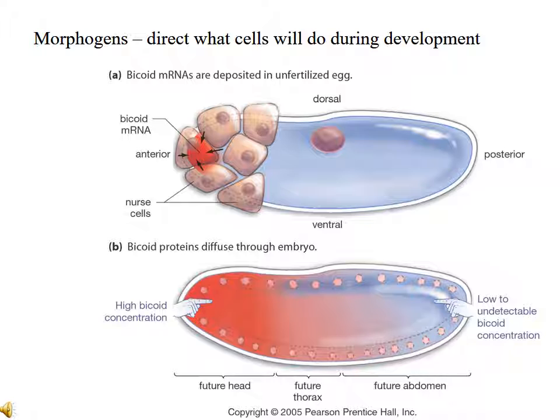So you can see that very early in the game, even almost prior to fertilization, the egg itself is already being pre-positioned as to where given structures are to evolve.